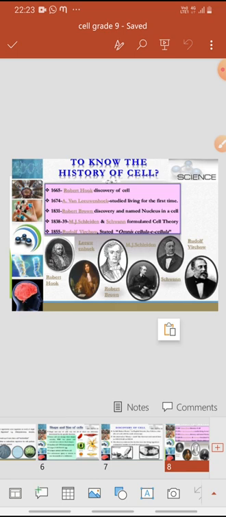In the year 1855, Rudolf Virchow stated omnis cellula e cellula. These are the pictures of the scientists involved in the history of the cell: Robert Hooke, Leeuwenhoek, Robert Brown, Schleiden, Schwann, Rudolf Virchow. Is it clear, students?